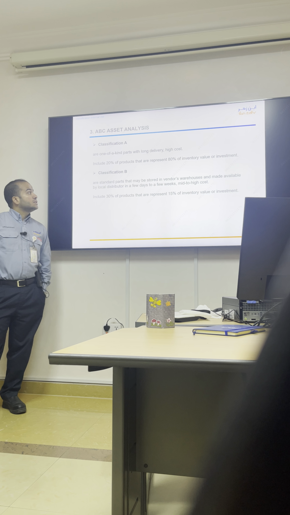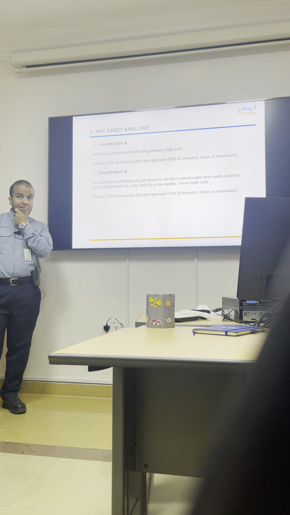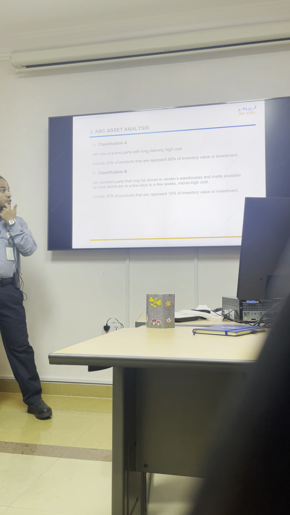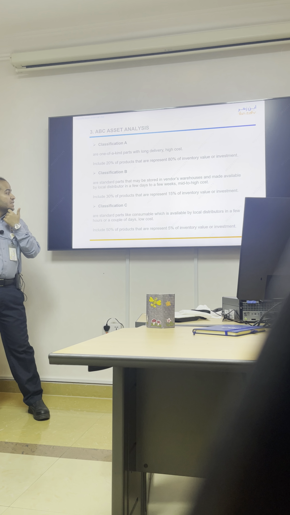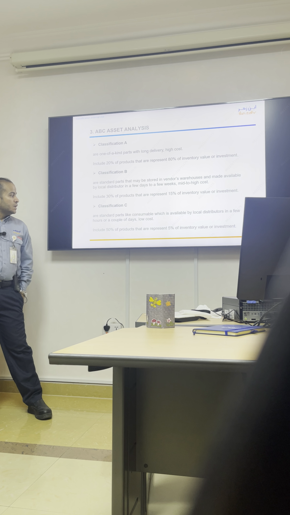Classification B: standard parts that may be stored in the inventory warehouse or made available by local distribution, equal to 30% of products and 15% of inventory value. Classification C: standard parts like consumables, available by local distribution in a few hours or a couple of days, or low cost. They include 50% of products that represent 5% of inventory value investment.